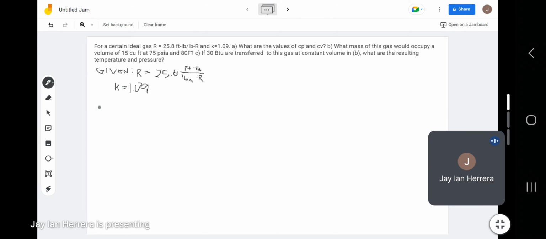Okay. So for letter A daw, determine the CP and CV. So last time, I hope you can recall nga. I-recall natin dito yung mga formulas. We have CP equivalent to CV plus R. Also, we have formula for CP, that is kR over k minus 1.